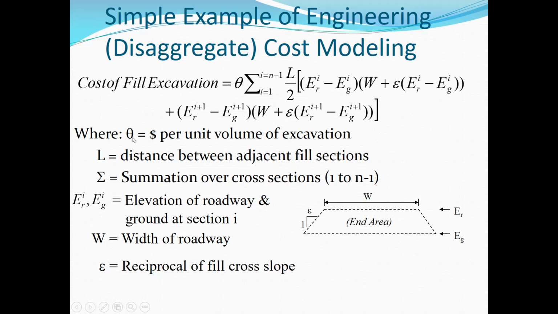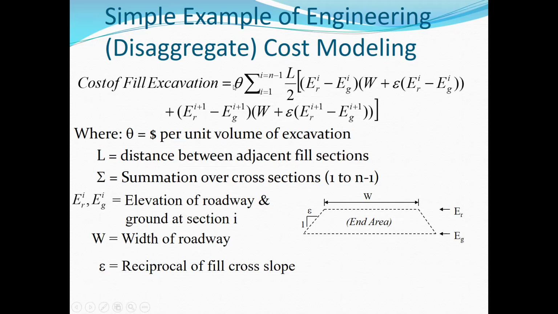And you're going to know how much it costs per unit volume of excavation. And then you're going to use this complicated formula, which is essentially the area of the trapezoid multiplied by the length of the roadway segment. You're cutting cross sections, and then using those cross sections to come up with the volume that you're going to have to excavate. And then you're multiplying that by theta.